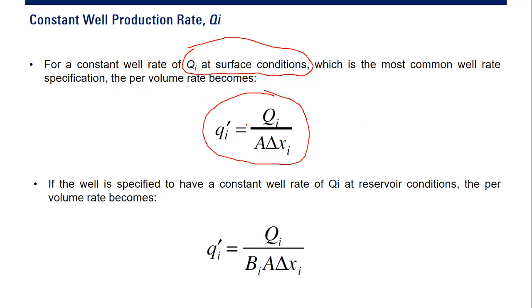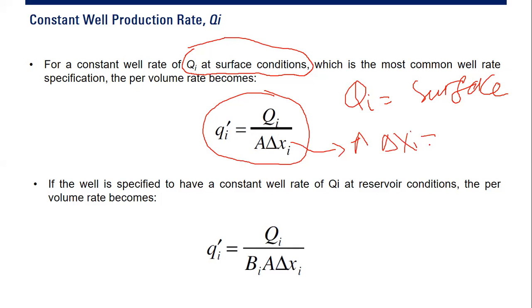So Qi is the surface flow rate, divided by area multiplied by delta X, because area multiplied by delta X is volume. Ya, area dibagi panjang itu adalah volume. So Qi is the flow rate at surface condition divided by area multiplied by delta X of the grid.